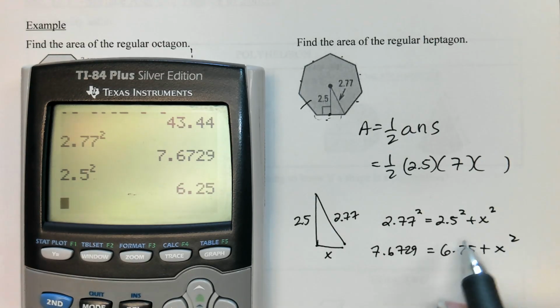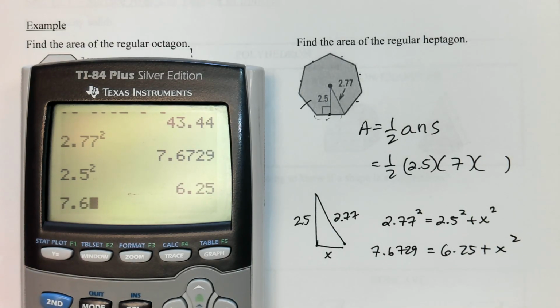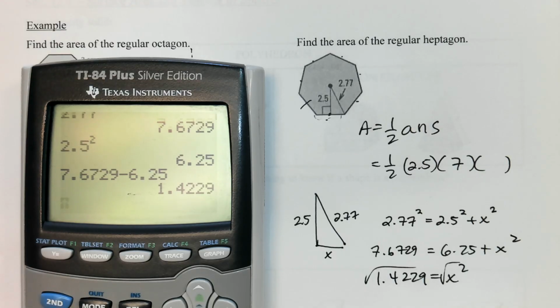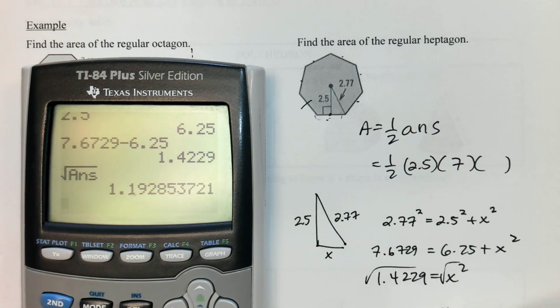We'll subtract that over. Gives me about 1.4229. And my last thing I have to do is square root both sides. So we'll square root that whole number. And I get about 1.193, we'll say.